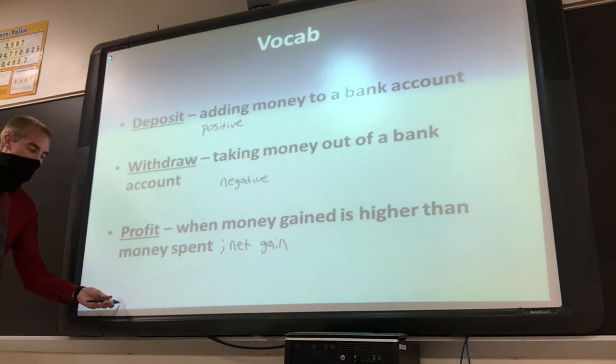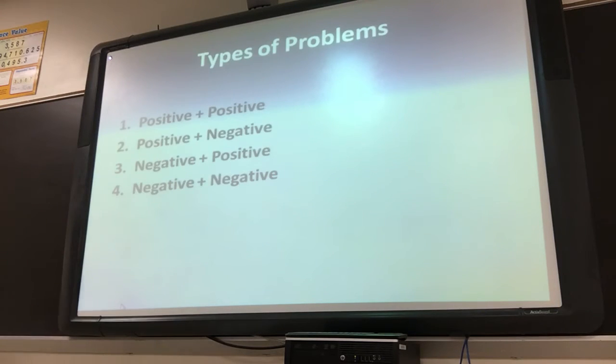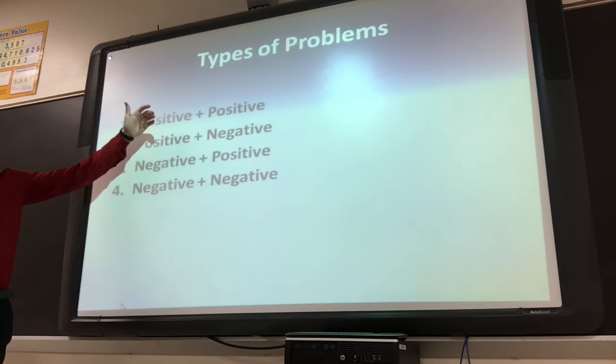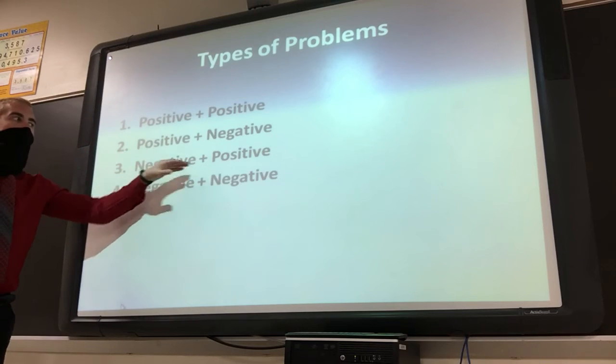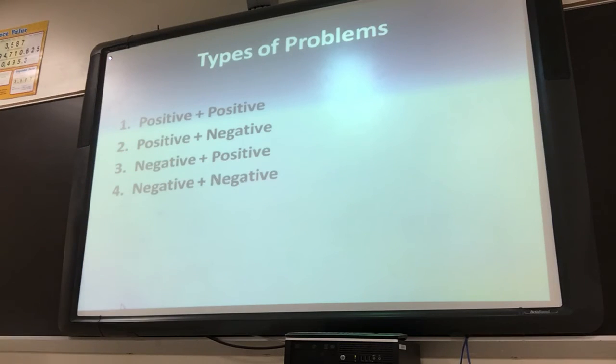Okay? So when we are adding integers, we're going to have 4 different types of problems. You could have a positive number plus another positive. That's the easy one. A positive plus a negative, or a negative plus a positive. Or you could be adding 2 negative numbers together.